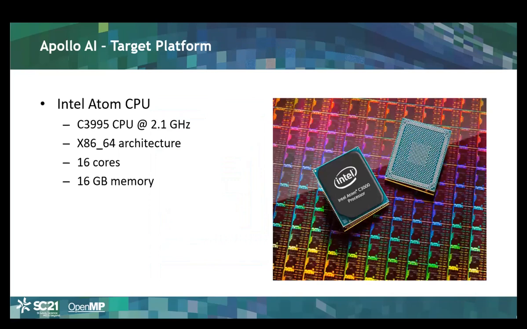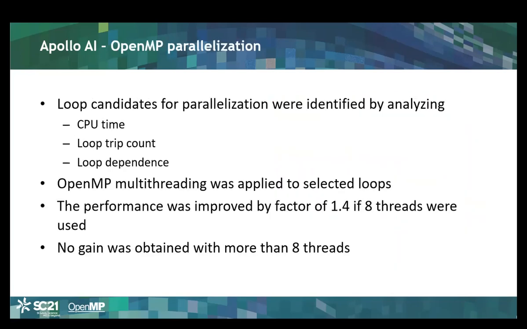The target platform used by the authors was the Intel Atom CPU with an x86-64 architecture at 2.1 gigahertz with 16 cores and 16 gigabytes of memory. The loop candidates for parallelization were identified by analyzing all the loops, the CPU time, the loop trip count, and the loop dependence.